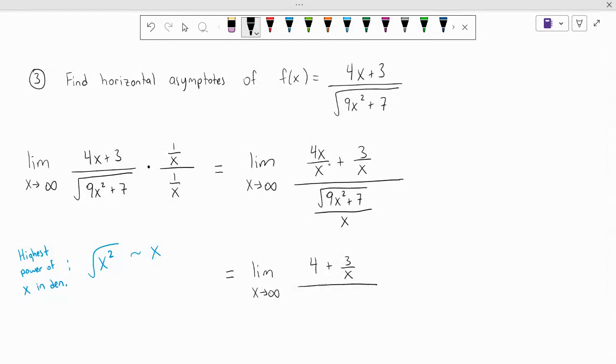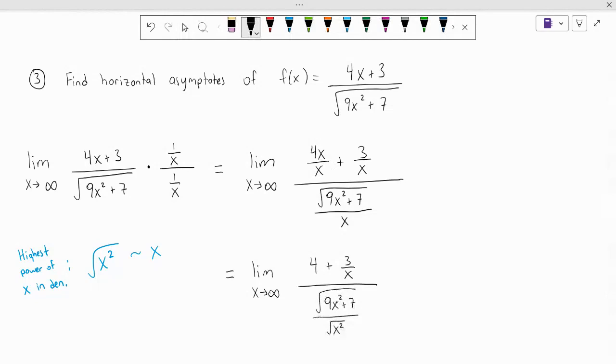Okay, so in the denominator, what I'm going to do is replace the x with a square root of x squared. So right now, x is equal to square root of x squared.